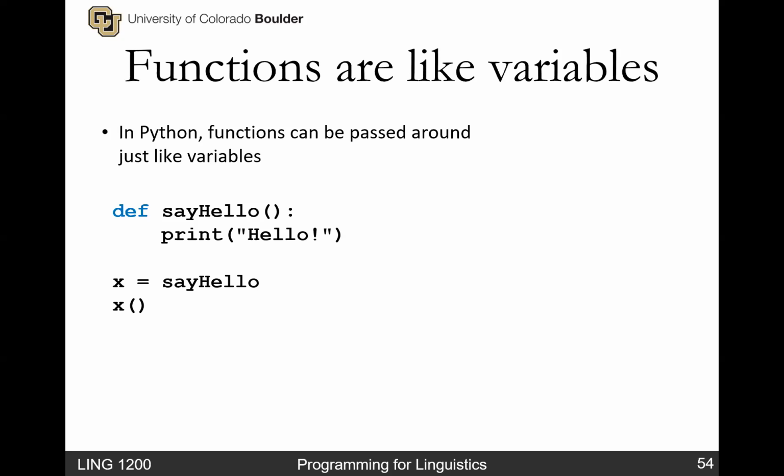So this is the point at which the function would be called, when we had these parentheses. So we can take the function name, pass it around, use it like a variable, and when we want to call it, we simply make the call by passing its arguments to it in parentheses. So in this case, that line, x with parentheses, would print out hello.